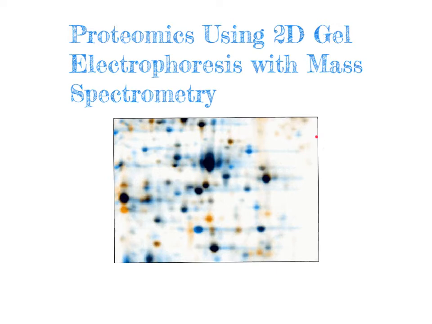So for example, here in the middle of the screen is a representative image that shows the superposition of two-dimensional gels, one corresponding to a treatment and the other corresponding to the control. In the case of the superimposed gel that's been evaluated using specialized software, the orange dots represent proteins that are only present or much stronger in the treatment.